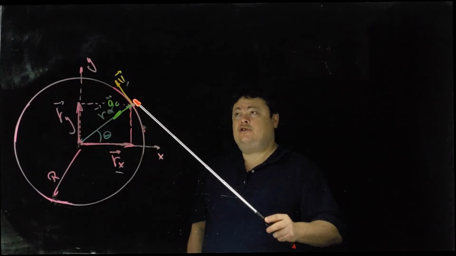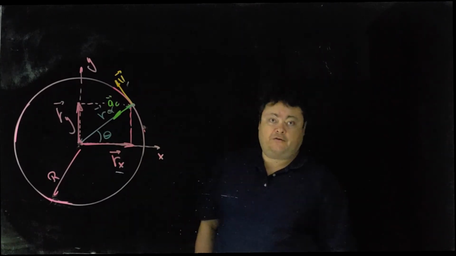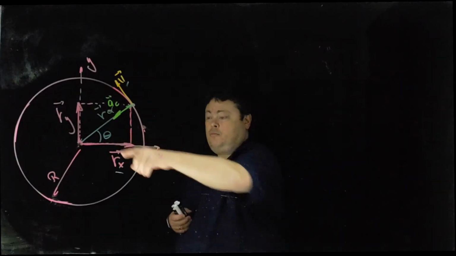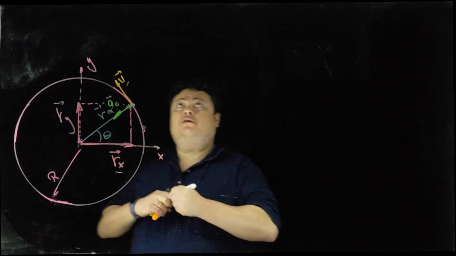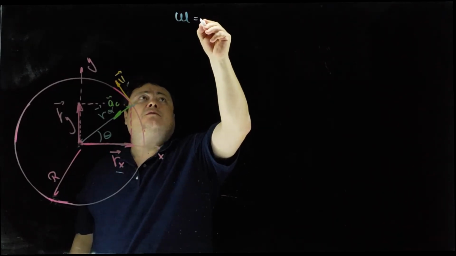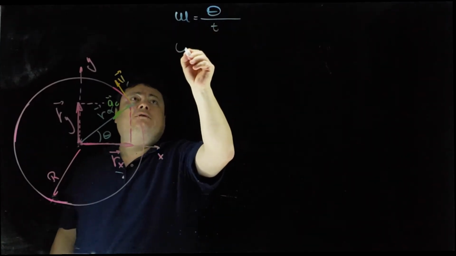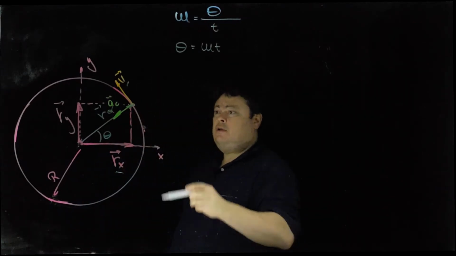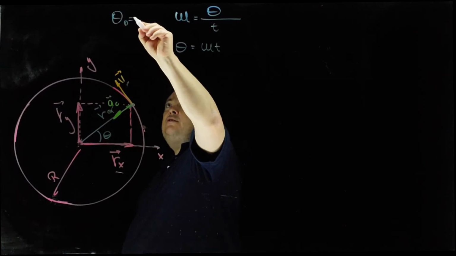The velocity is tangential and pointing in the direction of motion. So here is my velocity v. Let's remember that the angular position theta is in itself a function of time. And I can start that analysis from omega equals theta over time. Theta is going to be omega t, where I'm using the trigonometric orientation and I'm assuming here that theta naught was 0.